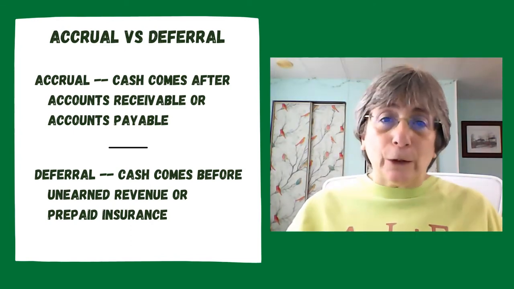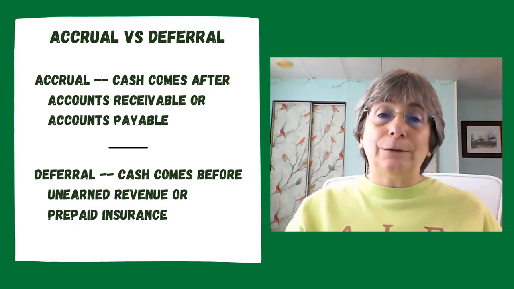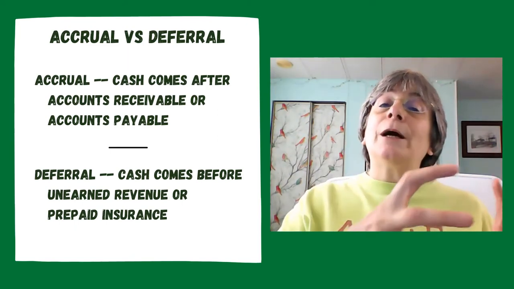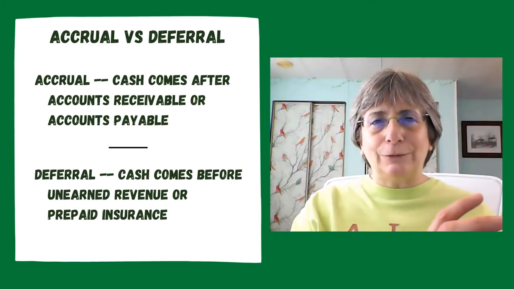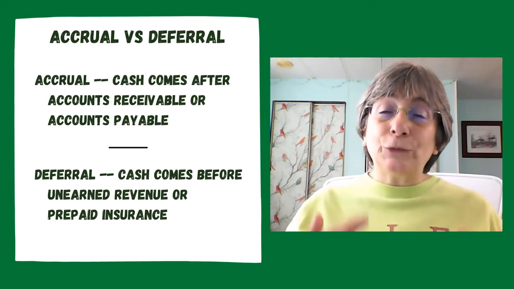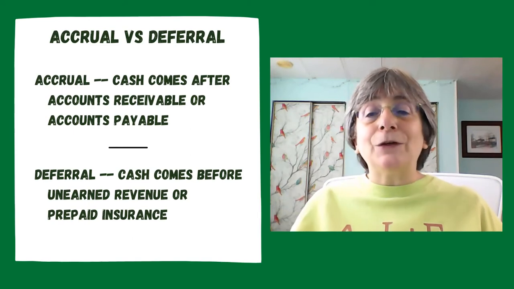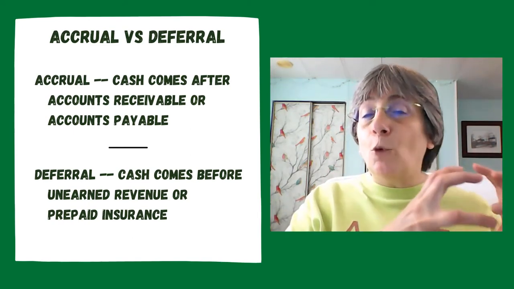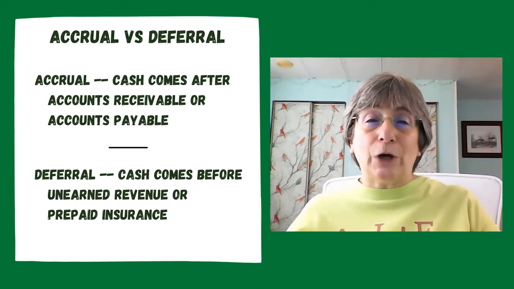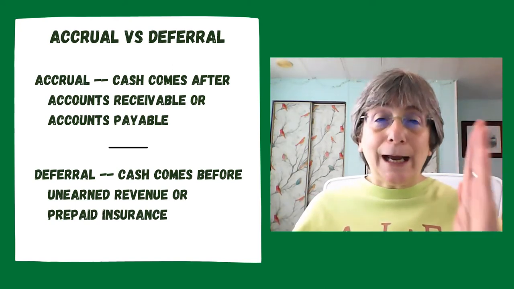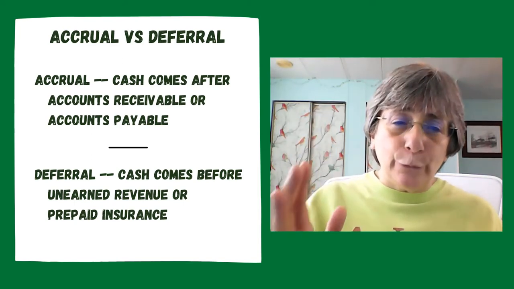So a deferral means that cash comes before the transaction. So unearned revenue, we got that deposit from our customer. We got the cash first. And with our prepaid expenses, our prepaid insurance, our prepaid rent, we are paying before the transaction, before we actually are using that insurance up. So accrual, the cash comes after, and deferrals, the cash comes before.